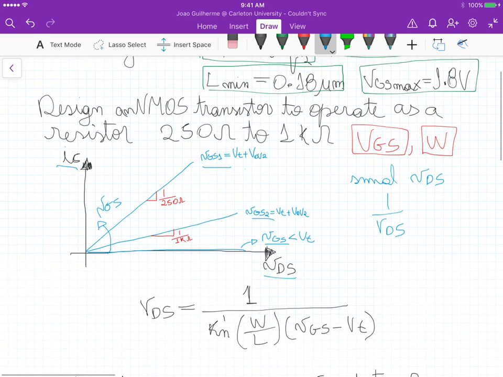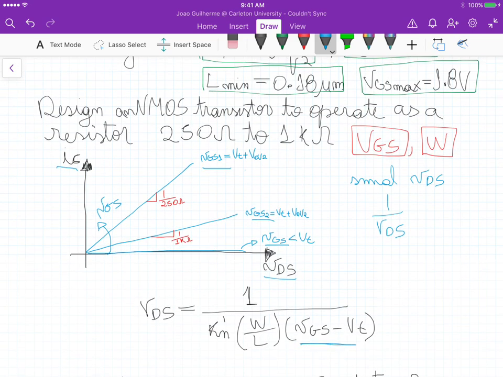We can see that from this equation, because if VGS becomes less than VT, our resistance would be negative, which is not valid. But suppose VGS is equal to VT: this term here, in blue, is going to be 0, and this would be like an infinite resistance. That's the reason this first curve is right at the VDS axis.